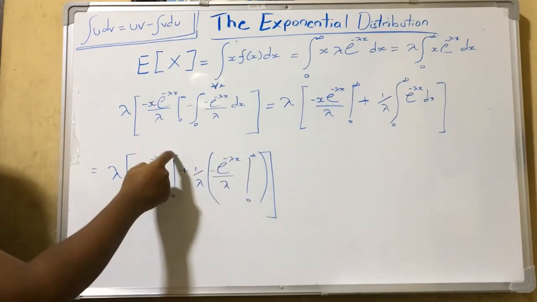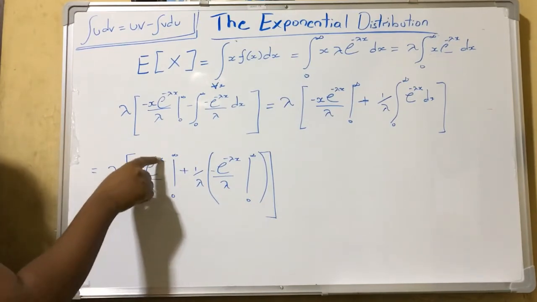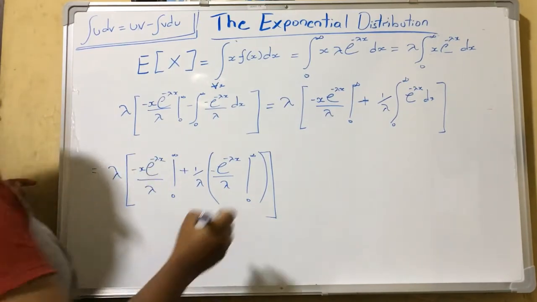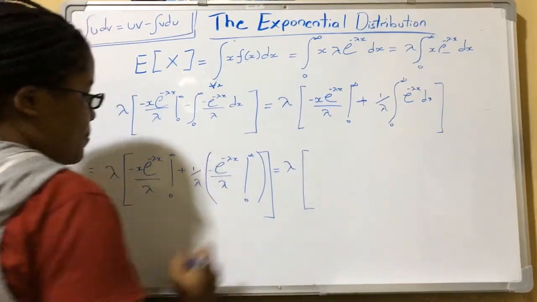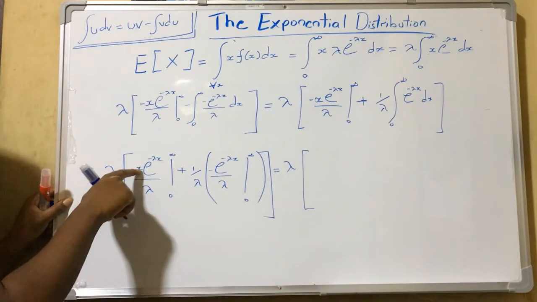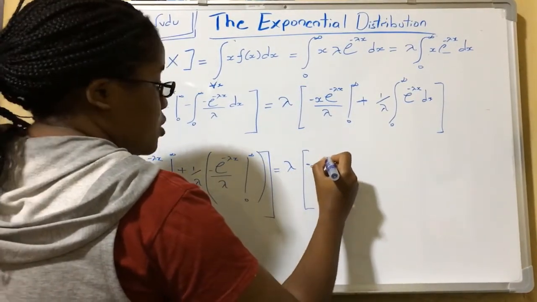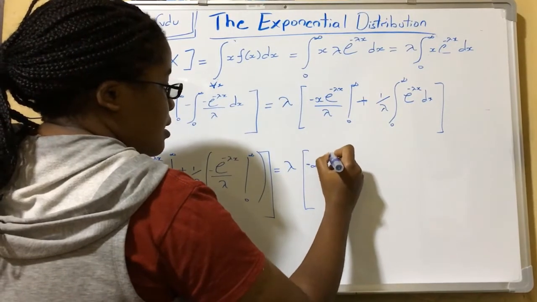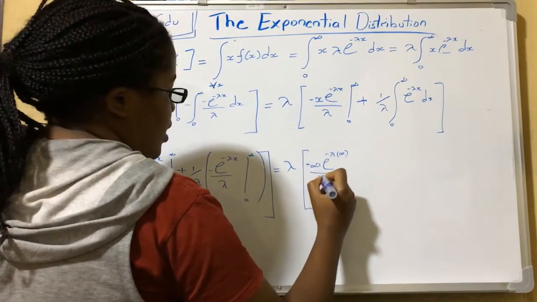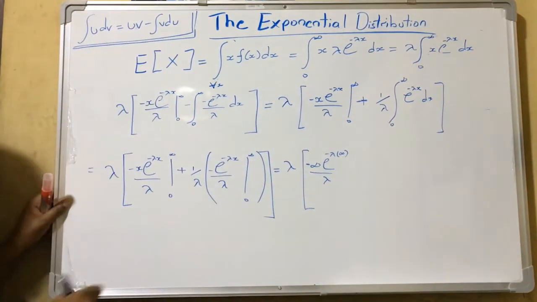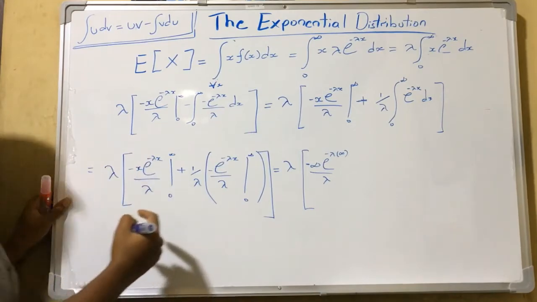So we first of all have to put infinity and then minus when we put 0 in place of x. So for example, in our first case, we'll have lambda. When I place infinity in place of x, I will have negative infinity times exponential minus lambda times infinity over lambda, minus when you place 0 inside your integral.